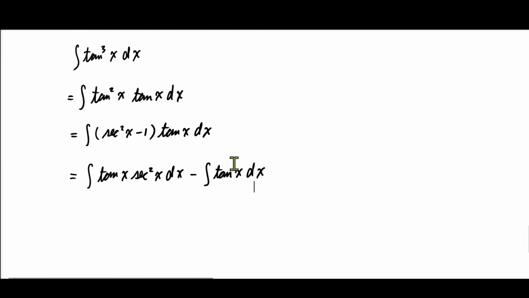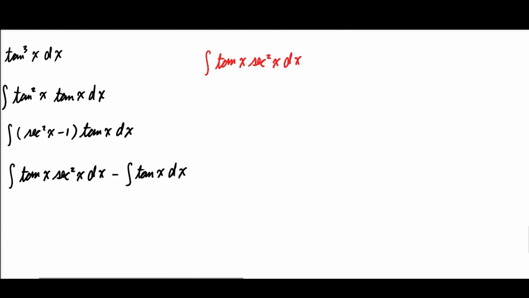And this one is also u sub, which I'm going to do on the side now. So this one, I'm going to copy this. We'll do it right up here, and let's say red color. This one, my u is equal to tangent x, and then du is equal to secant squared x dx.